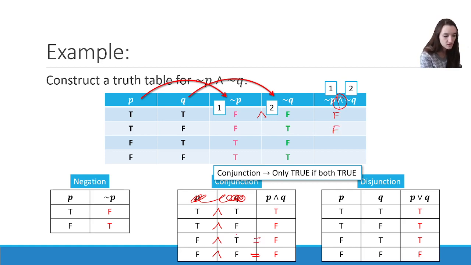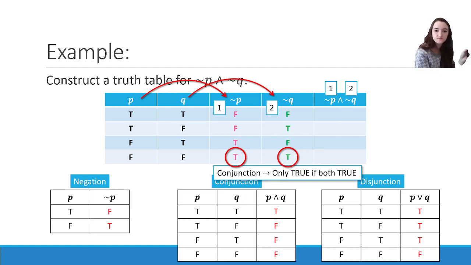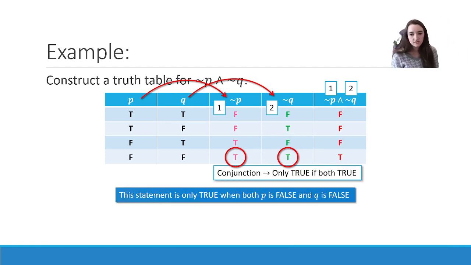True and false, that's false. True and true, that one is true. So whether you want to think of it through the full table or just the statement, it's only true if both are true, where you just search for the special case where both are true. We can get to this final answer: the only way it is true is if the original statements were both false.